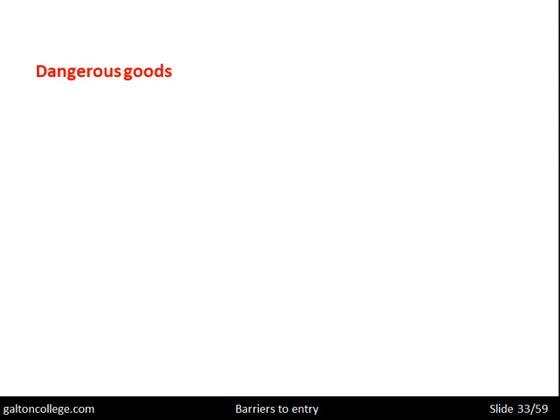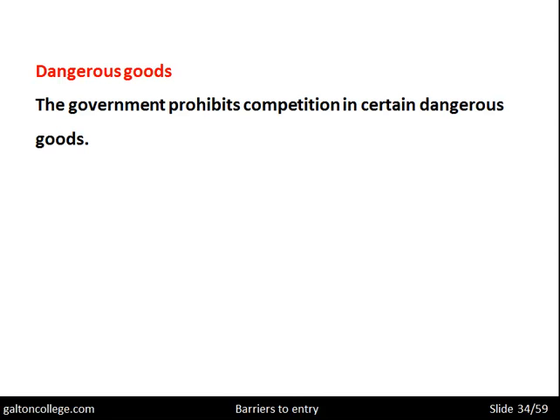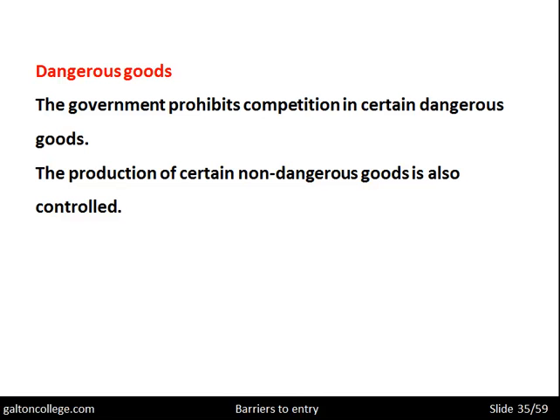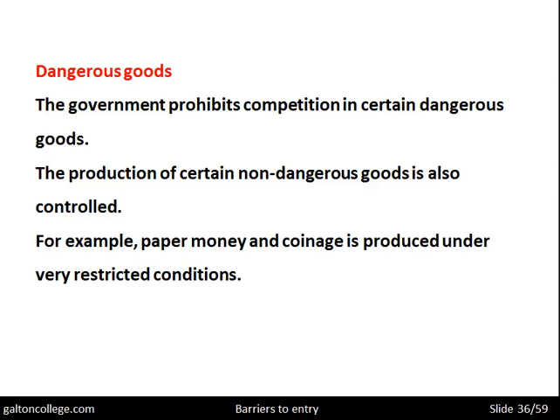Back to dangerous goods again. Well, the government prohibits competition in certain dangerous goods. The production of certain non-dangerous goods is also controlled. For example, as I said, paper money, that's got a very restricted set of conditions associated with it.